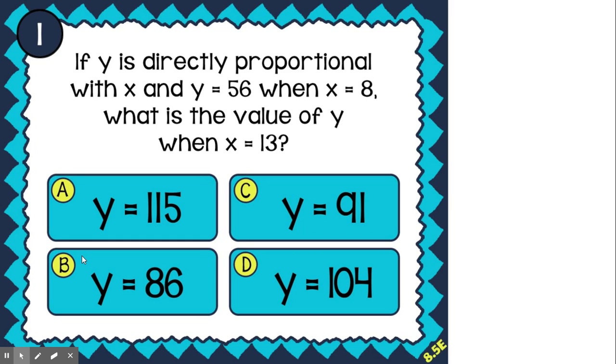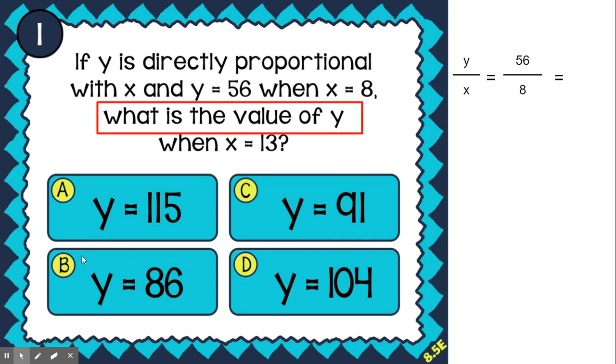It says y is equal to 56 when x is equal to 8. What is the value of y when x is 13? So first off, I'm going to put my y over x. The first part says that y is 52 when x is 8. I'm sorry, 56. So my numerator is 56, my denominator is 8.